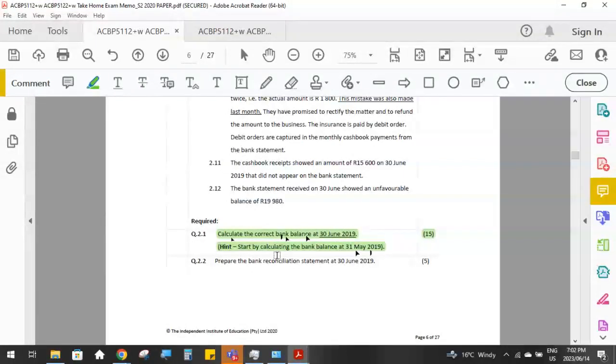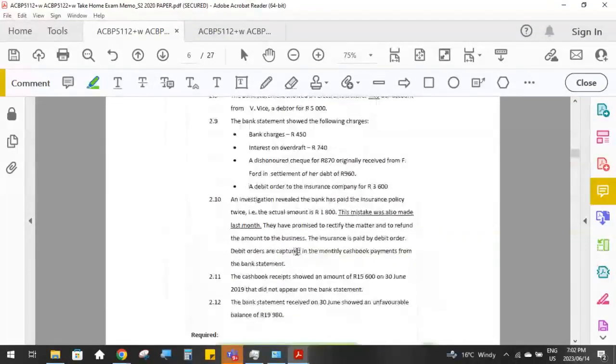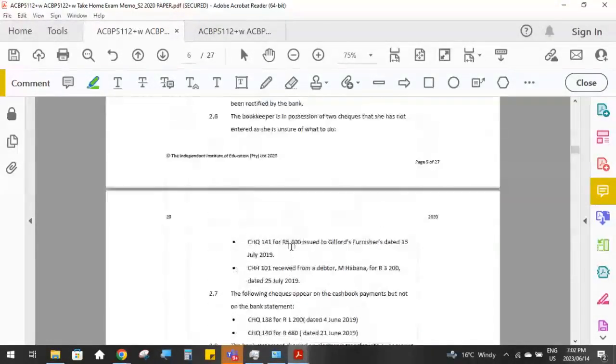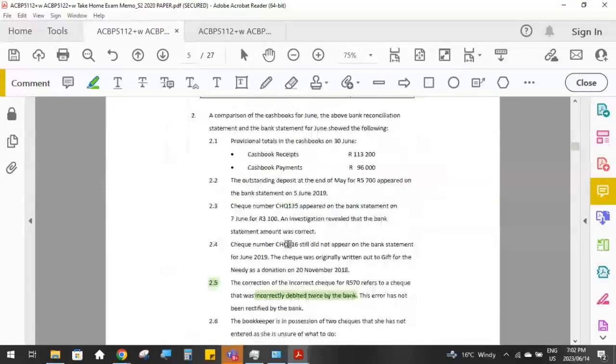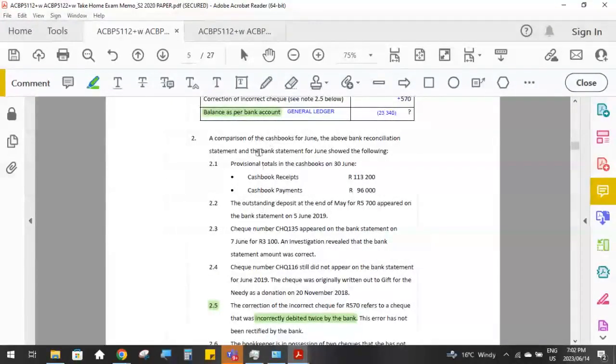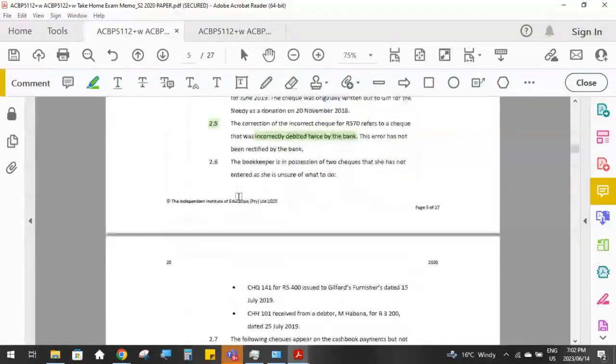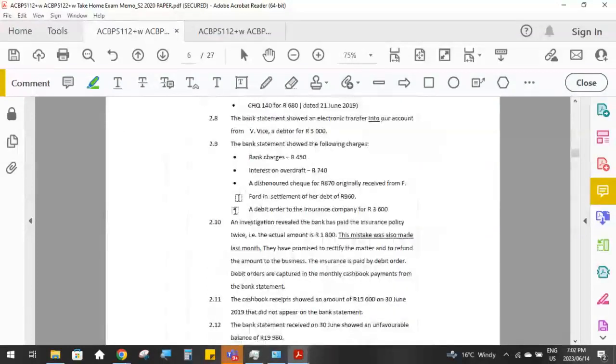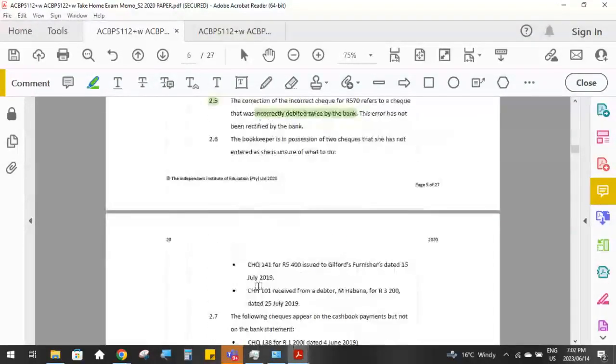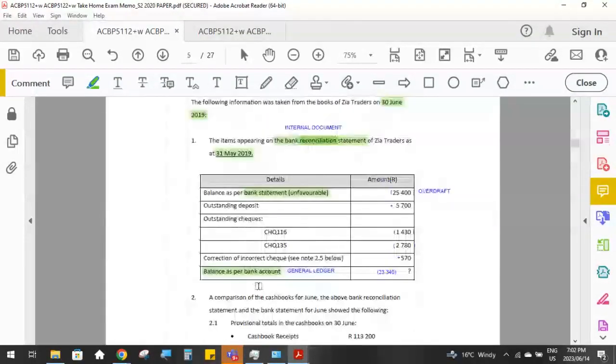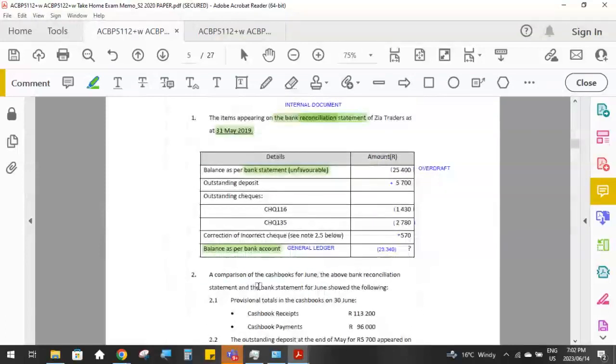So that means in our books, in our general ledger, the T account bank, what should its balance be for the 30th of June 2019? And these are all the adjustments or changes that they've picked up in the bank, probably in the process of doing the bank recon.